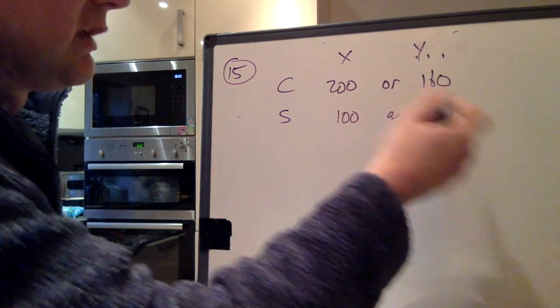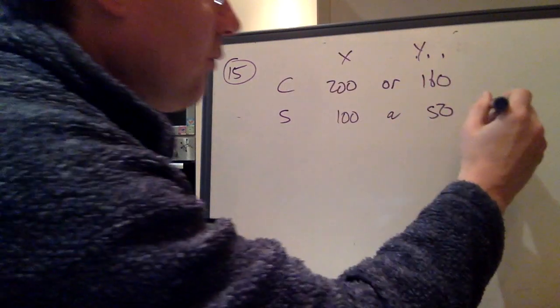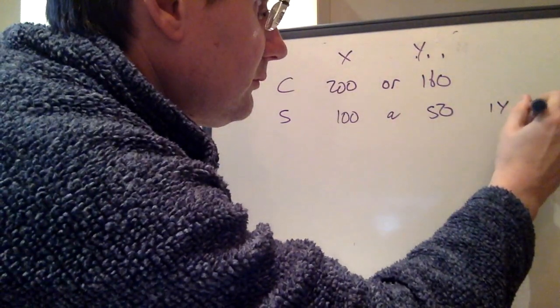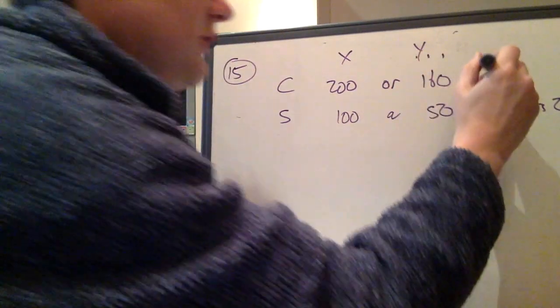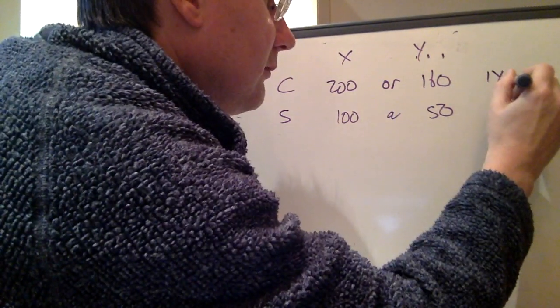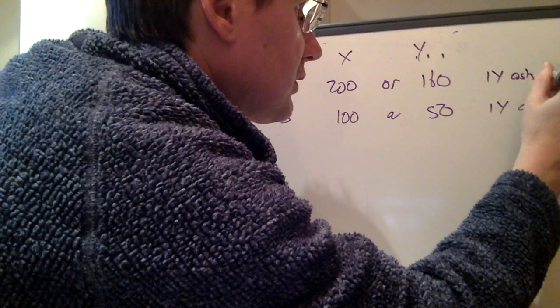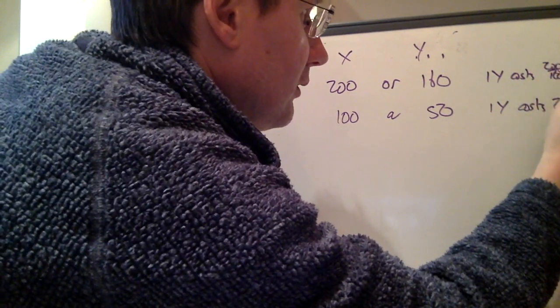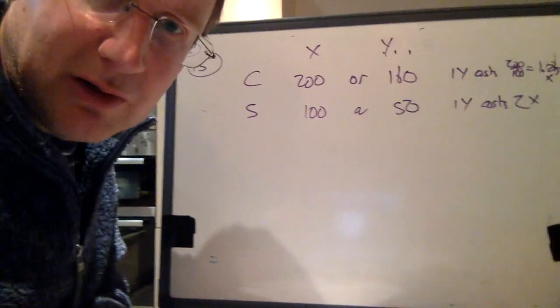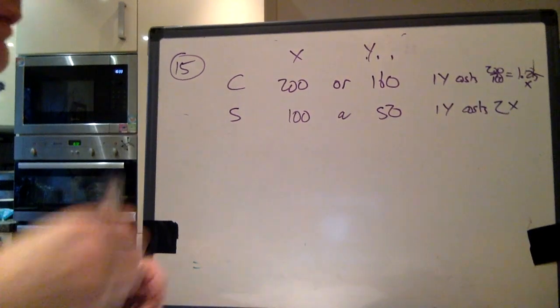The way I always do it is turn it the easy way around. Here 1Y costs 2X, whereas for them 1Y costs 200 over 160, which is 1.25X.